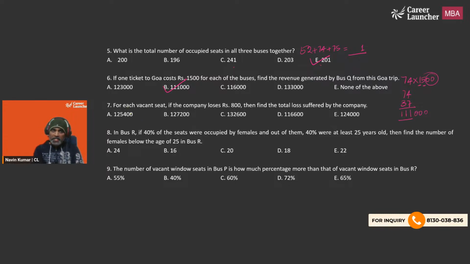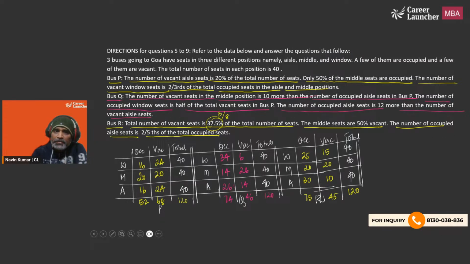If you look at question number 7, for each vacant seat, if the company loses rupees 800, then find the total loss suffered by the company. So we need to see how many total vacant seats we have.